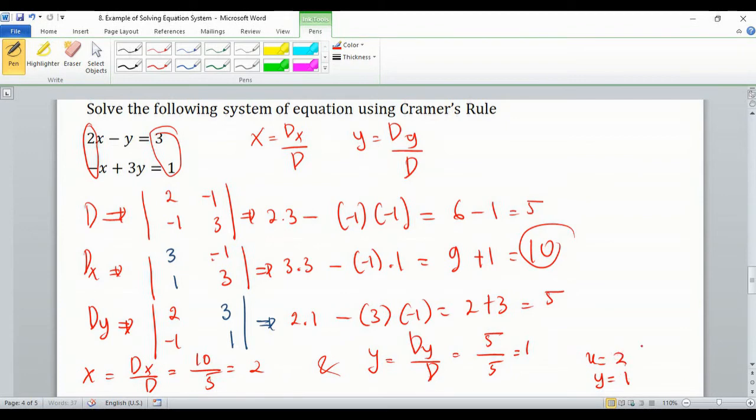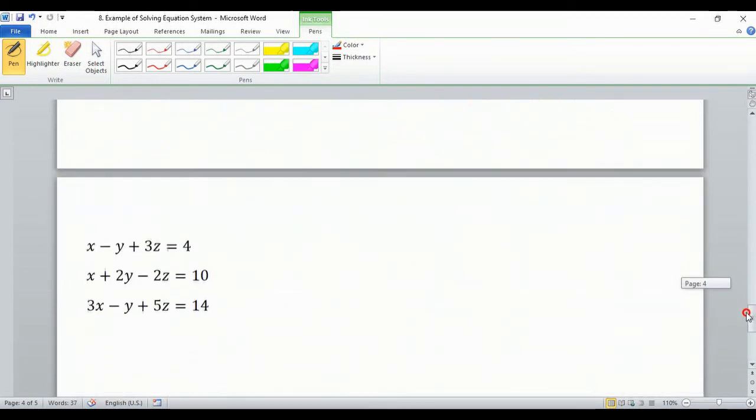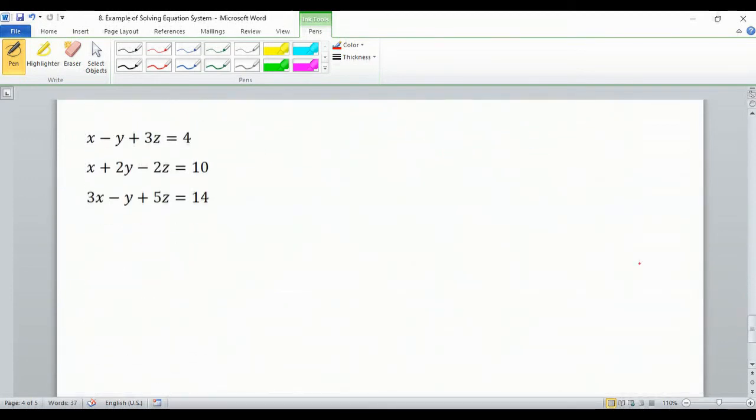So let's talk about another example, which has three variables. From here, if you're a little bit confused, you can write the matrix first. Matrix A equals 1, -1, 3, and then 1, 2, -2, and then 3, -1, and 5.